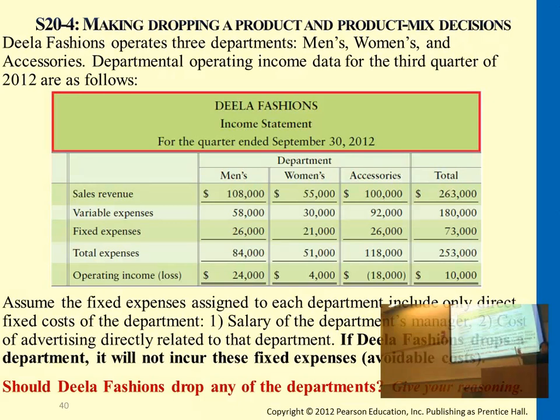Now for all the remaining departments, men's and women's, it's pretty obvious that they do have positive contribution margin and it's also covering fixed costs. So the problem here is just the third department. And this problem is avoidable, so the total cost saving is the total set of costs, both variable and fixed. If it's unavoidable fixed cost, that means if you drop accessories, the $26,000 will still occur.